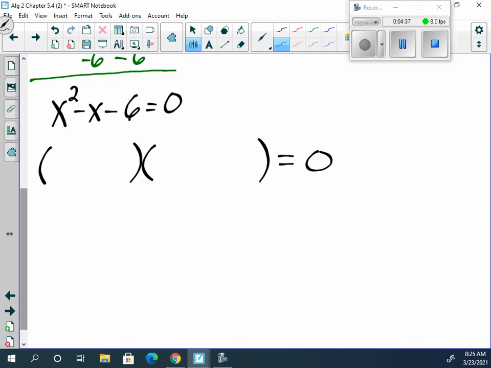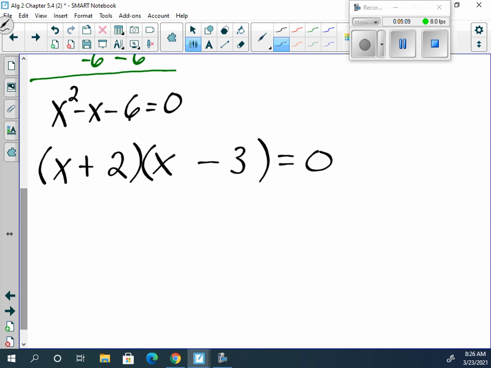We can factor it. What are our signs going to be? Positive and negative, yes, because the third term is a negative, so the signs would be opposite. Factors of the first term would be x and x. Factors of the third term: yes, positive 2 and negative 3.